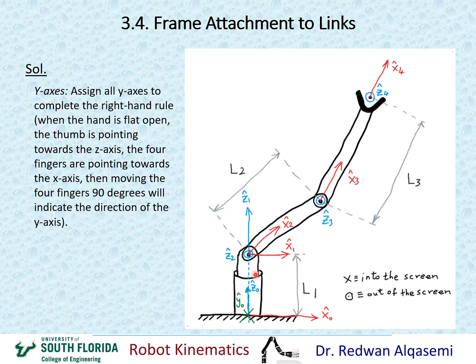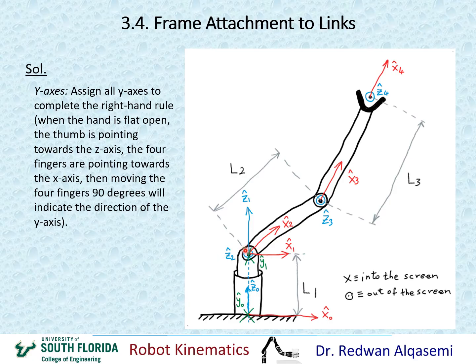Okay, now for y1, I'll put my thumb on z1 in that direction, and then my four fingers on x1, and then move my four fingers 90 degrees, and that would mean my y would be going into the screen at this point. So again, I'll have an x, which is the indicator of the y-axis going into the screen. Okay, now we move on to y2.